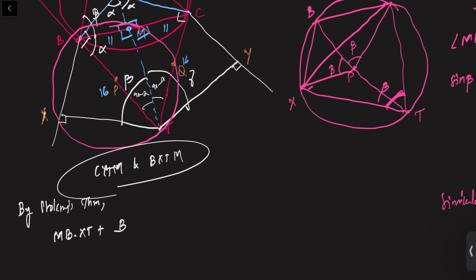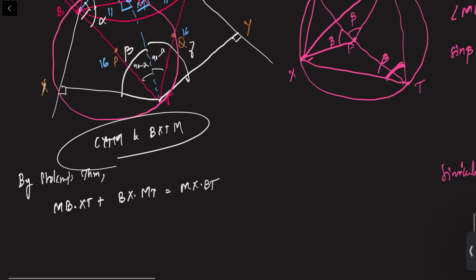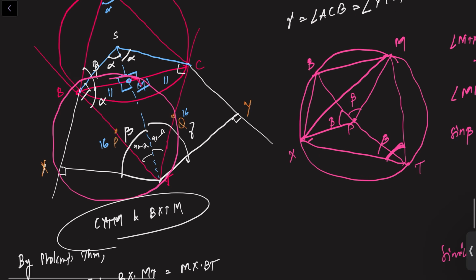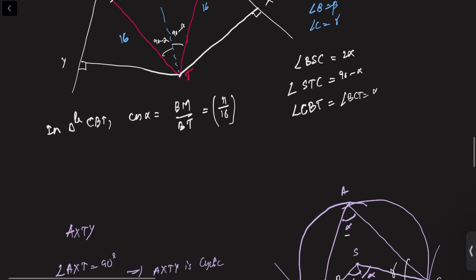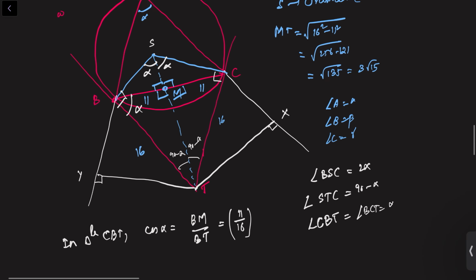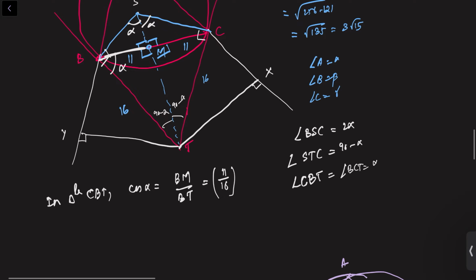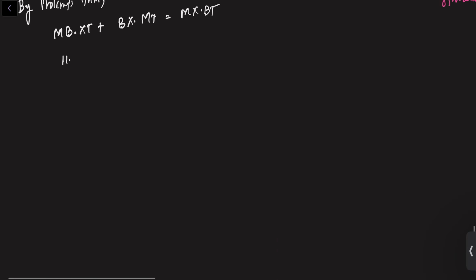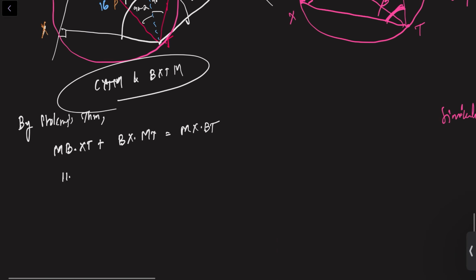So by Ptolemy's theorem, we have MB times XT is equal to BX times MT, which is nothing but MX times BT. So BM, we already know, is 11. So BM is given as 11.